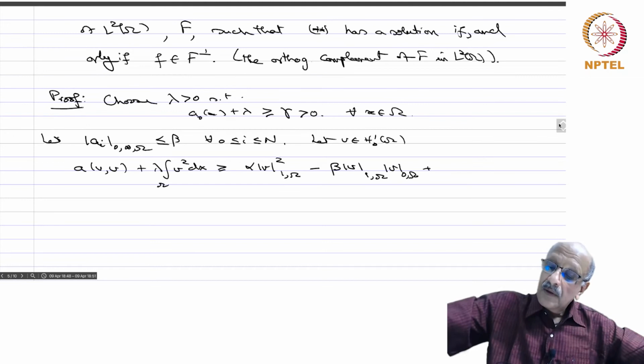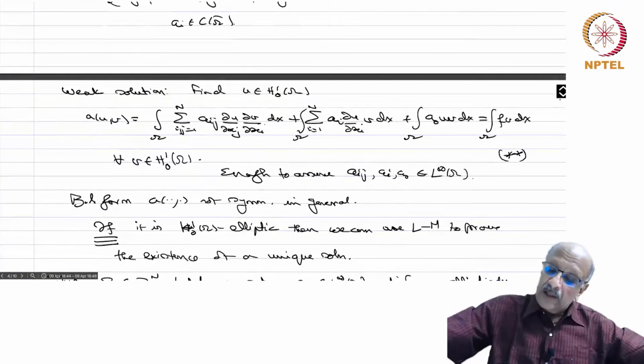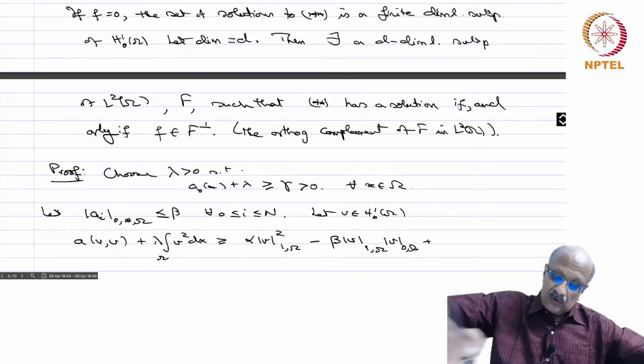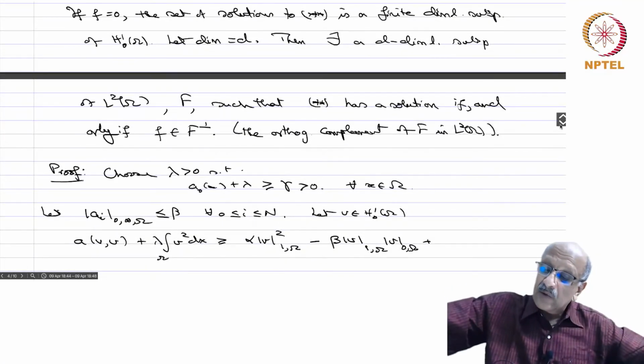plus, then you have a naught v square plus lambda v square is also there, and that is greater or equal to gamma.